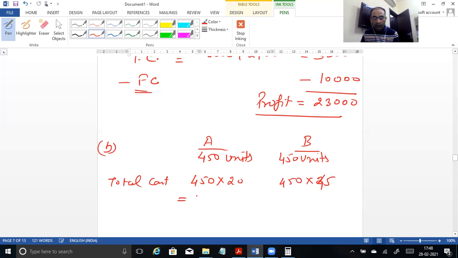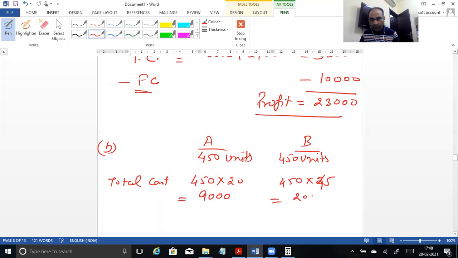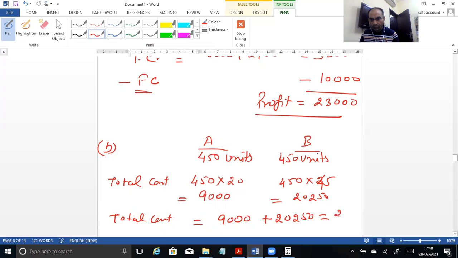Here it will be 9,000 for A, and for 450 into 45, how much does it come? 20,250. So total contribution will be 9,000 for A plus 20,250 for B. In all, it will be 29,250.